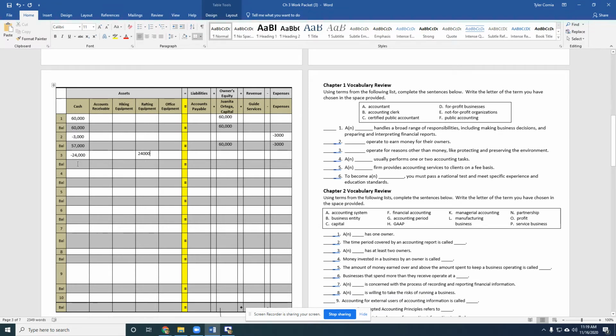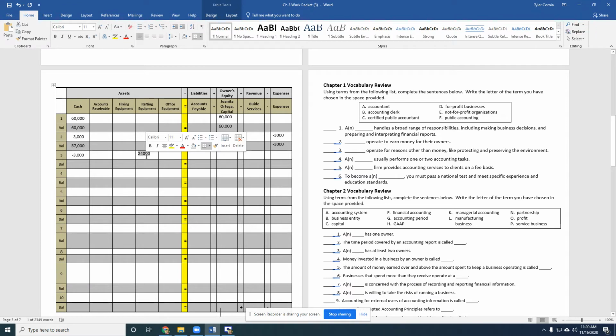Okay, so now this puts our new balance at, let's see, I might have missed something. Oh, I missed number 3, my bad. Number 3 is not rafting equipment. Number 3 is buying hiking equipment. So we actually minus 3,000, that's my bad, and we bought hiking equipment.